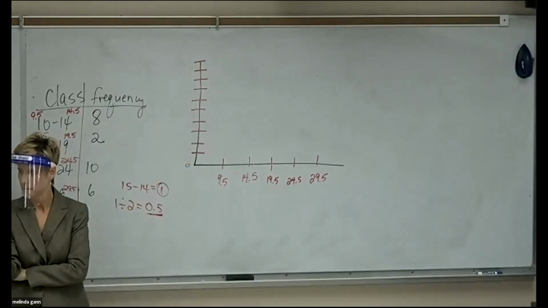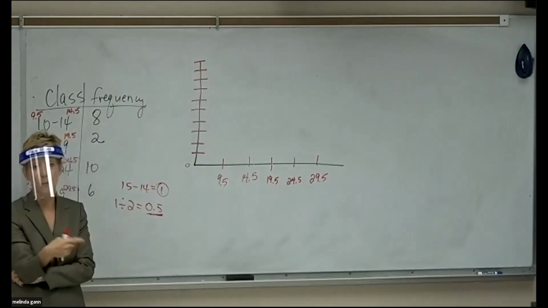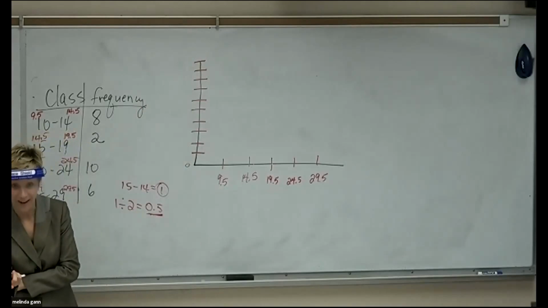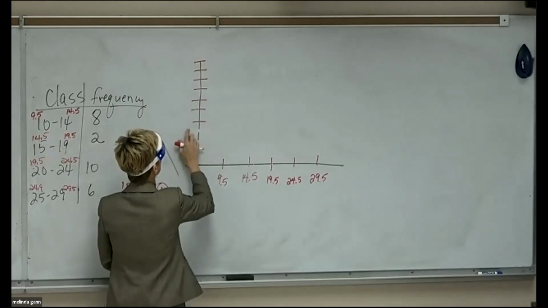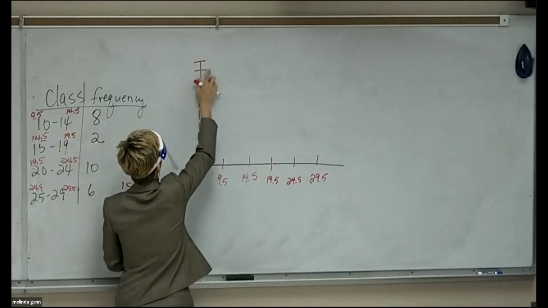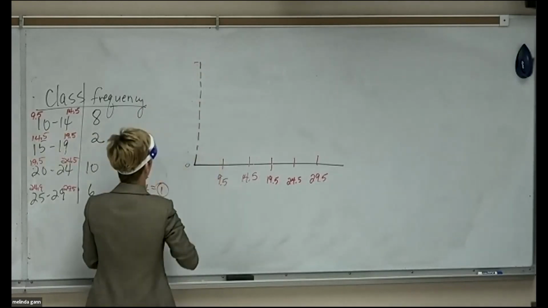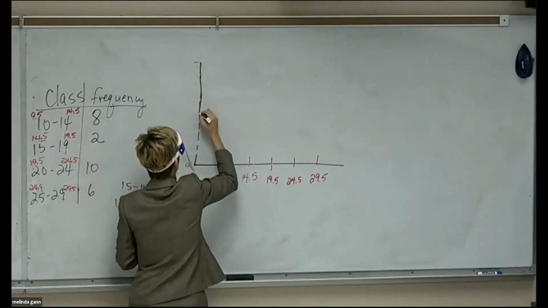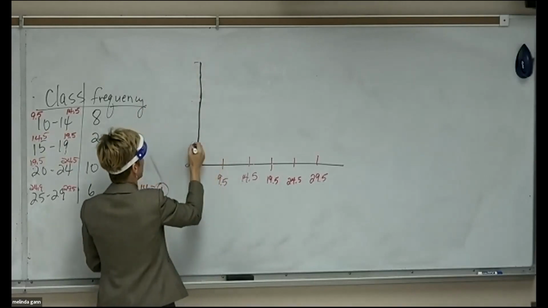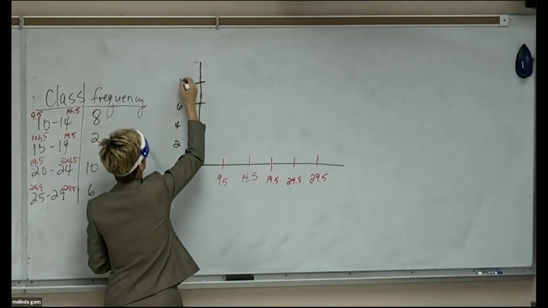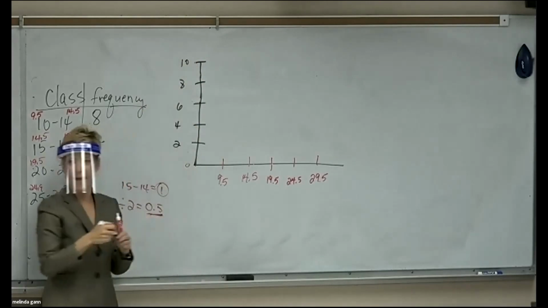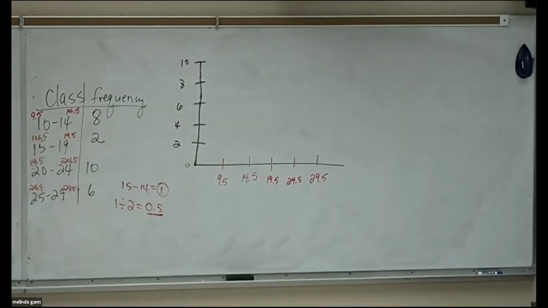Now, if the biggest number is 100, you're not going to go up by 1. If you decide you want to go up by 2s, then you better show me the numbers. You can go up by anything you want to, but I better see what the numbers are.